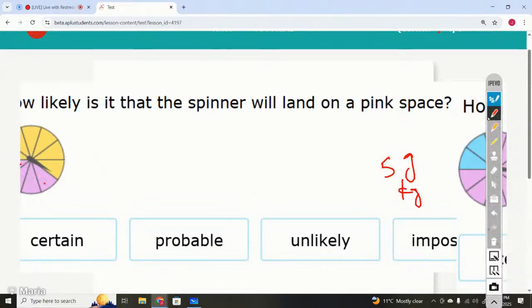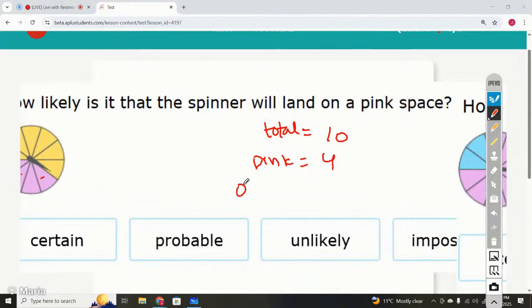The total portions on the spinner are 10. Now count the ones that are pink. 1, 2, 3, 4. And the orange is 1, 2, 3, 4, 5, 6.